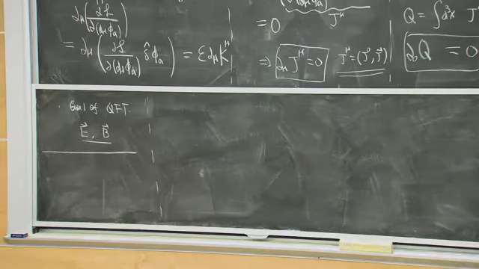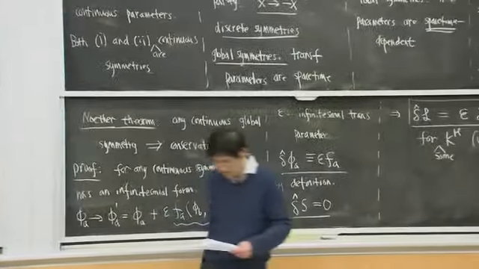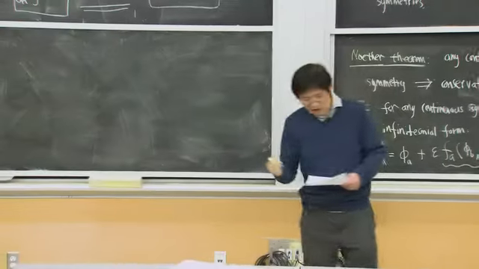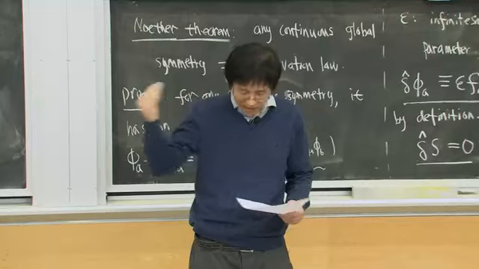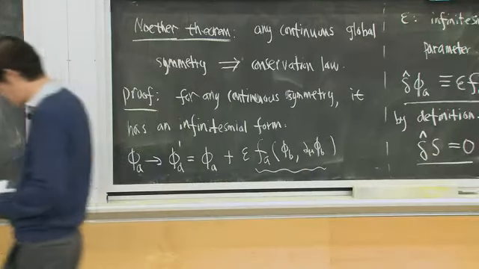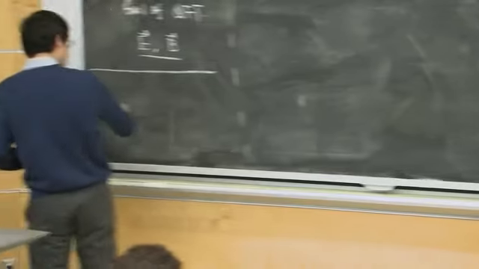Some general remarks. Before doing that, let's think a little bit about how we go from classical mechanics with a small number of degrees of freedom to quantum mechanics. So let's recall.